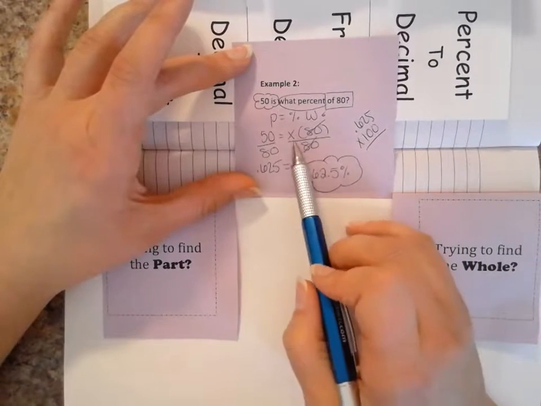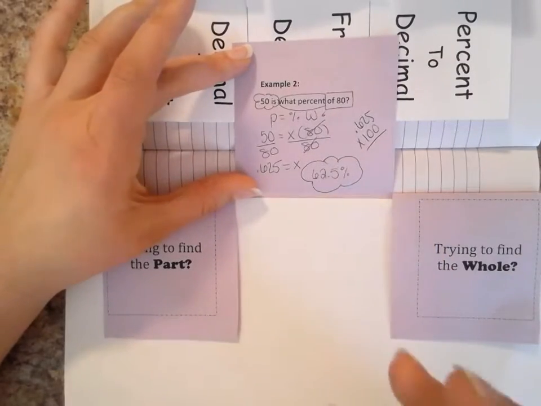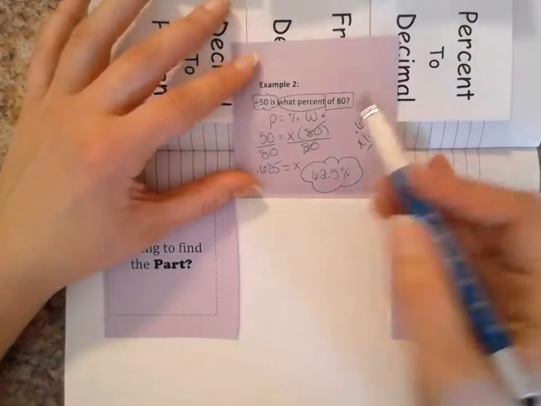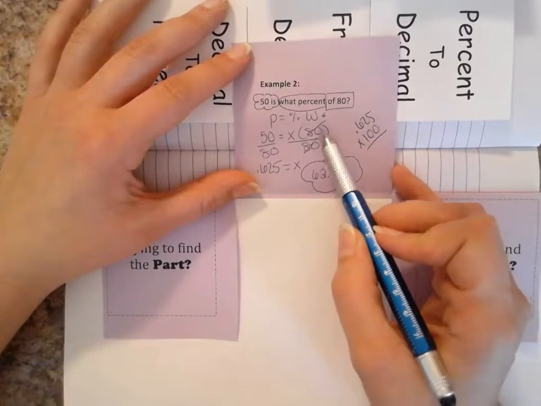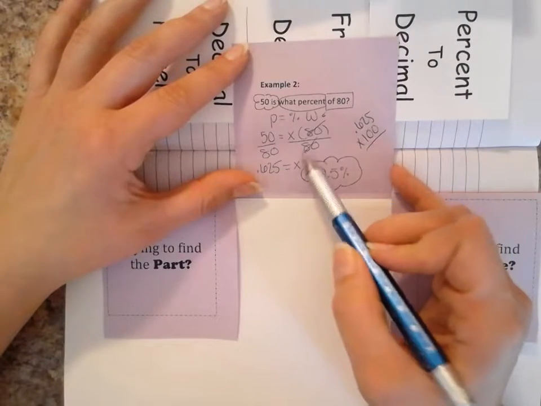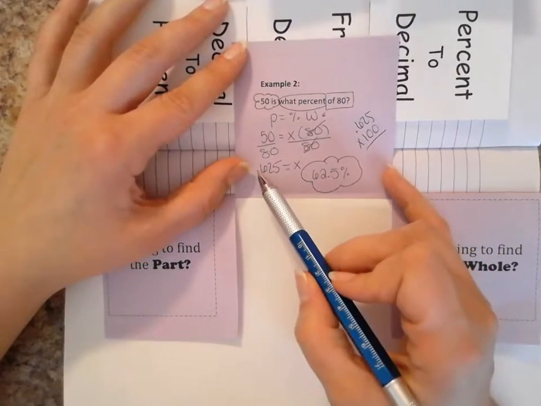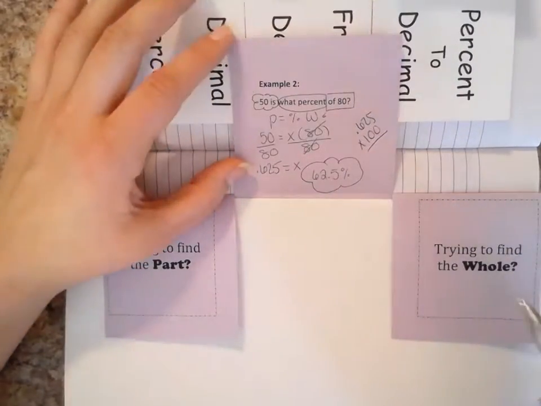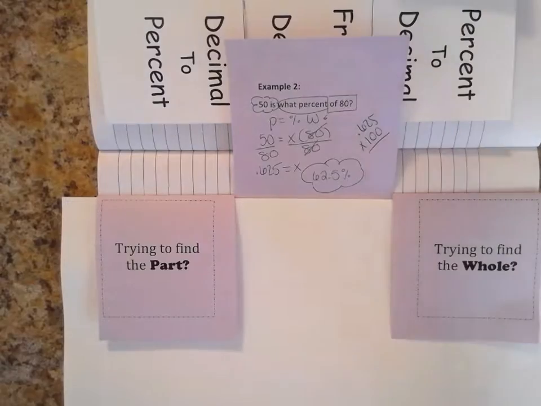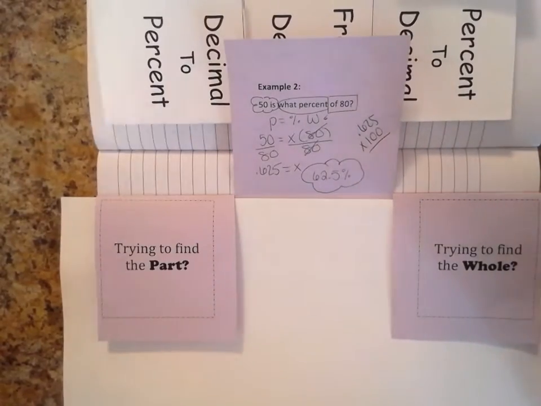Okay? So now here we have to isolate the variable, and in order to do that, we have to divide both sides by that 80. 80 over 80 leaves us with X. 50 over 80 leaves us with 0.625. Now this is where the little extra piece comes in, because we have to take the decimal and put it into a percent.